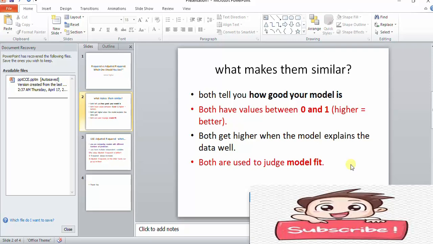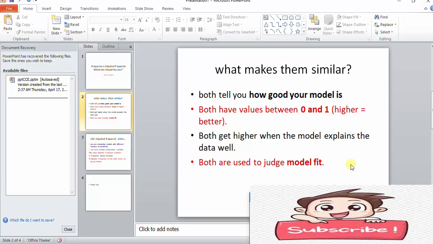For example, if the value of R square or adjusted R square is 0.75, it indicates that 75% of your dependent variable is explained by your independent variables. So the remaining 25% of the dependent variable could be explained by other factors which are not incorporated in your model. So a higher value in both indicates a good model fit.